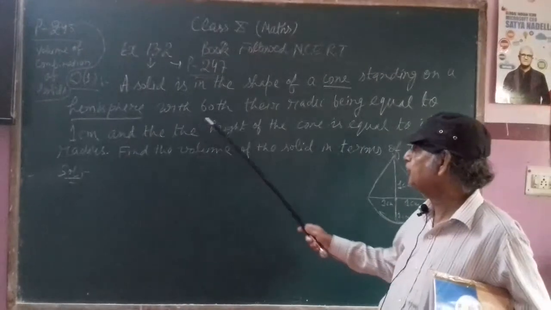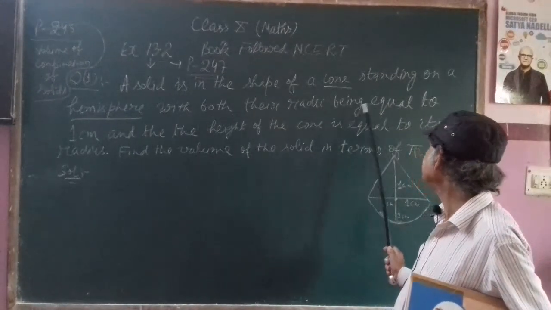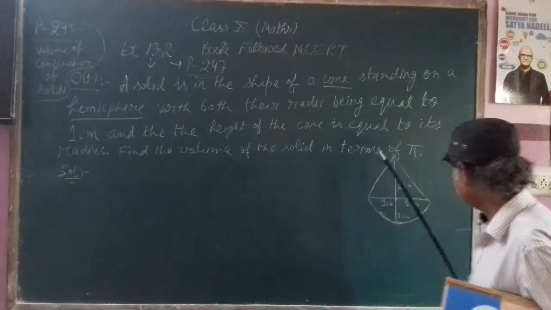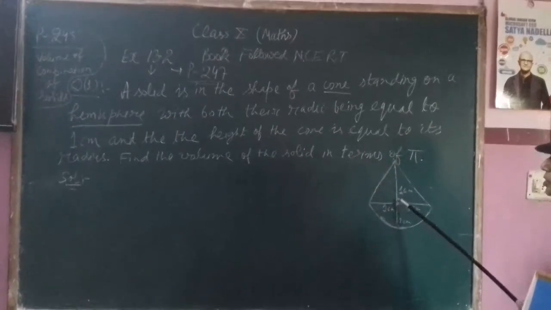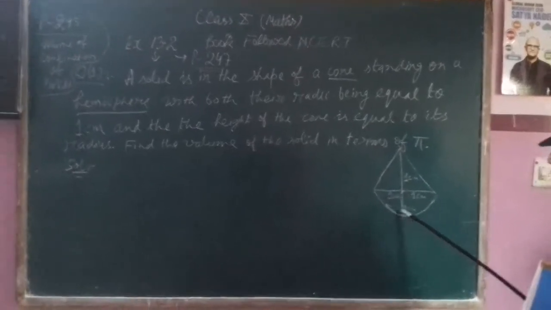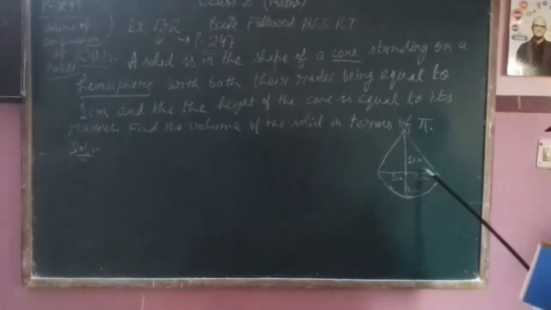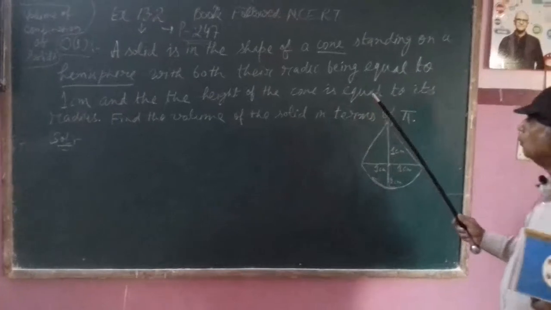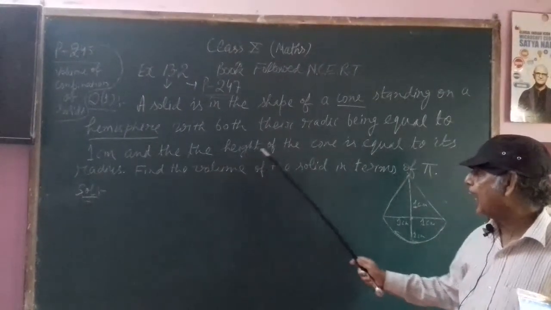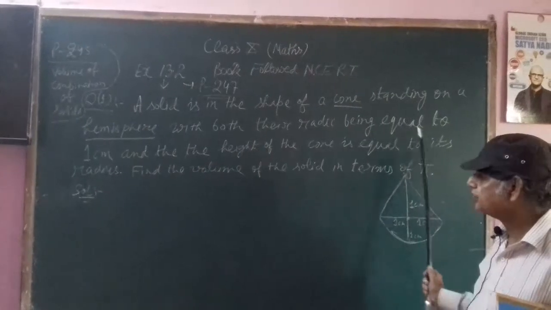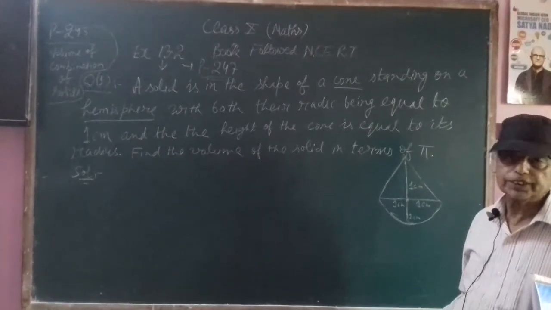So the cone and hemisphere both have their radii equal to 1 centimeter. I have drawn here: this is 1 centimeter, this is 1 centimeter, this is your 1 centimeter. This is the radius of both the cone and the hemisphere. It is also given that the height of the cone is equal to its radius, so that is also 1 centimeter.